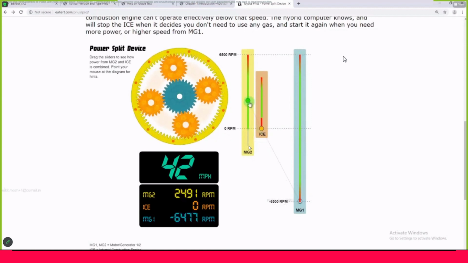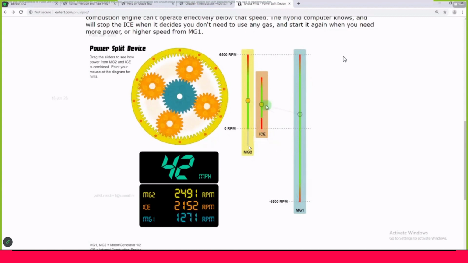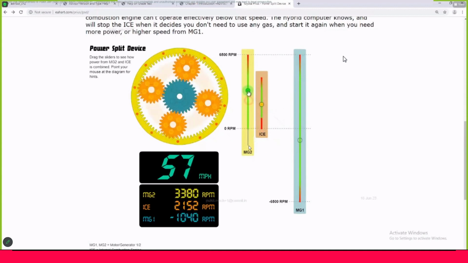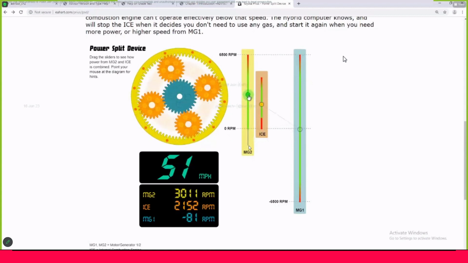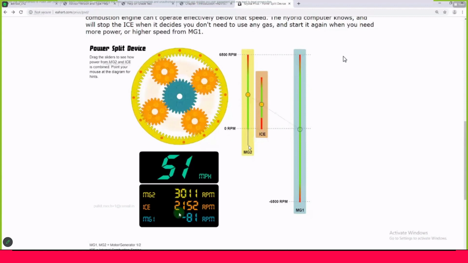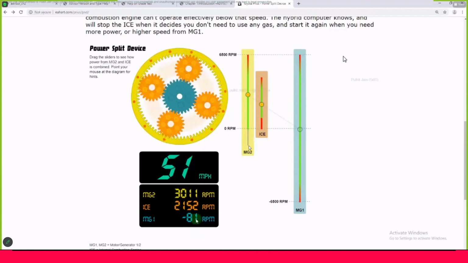So this is the case. Now if I keep this above, then I can probably increase the speed to a certain level. So let's say this is now around 50 miles per hour. So this is 50 miles per hour where MG1 is in negative direction, 81 RPM.